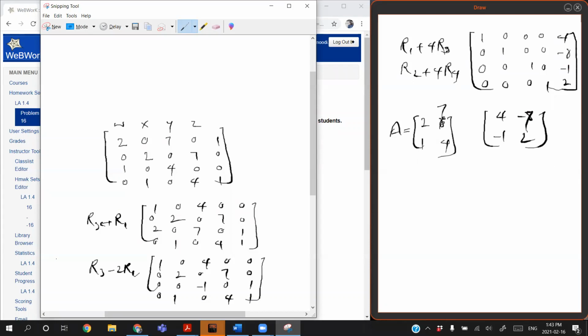When I'm adding 4 times this to this. So four times row 3 added to this. Oh, I have a 7 here. Four times this added to -2 times this to this one.